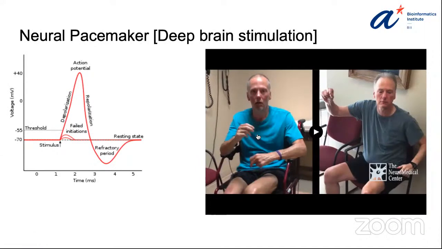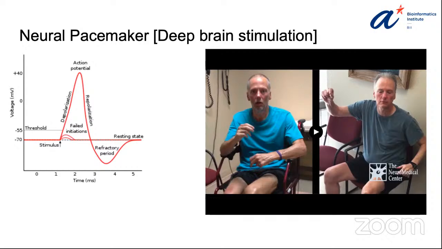Okay, so this was a very short video. Obviously, you can look up what deep brain stimulation is. But what is important to remember is what is happening here. This is a patient who has Parkinson's. By understanding how neurons work, how neurons fire, you might have heard of a pacemaker for the heart. If the heart has irregular beats, you can put a pacemaker on the heart and the heart will start to beat with a normal rhythm.